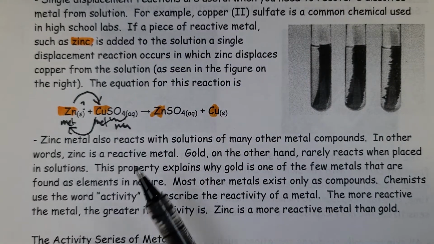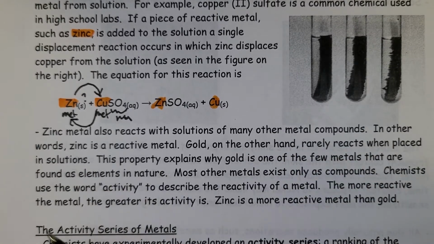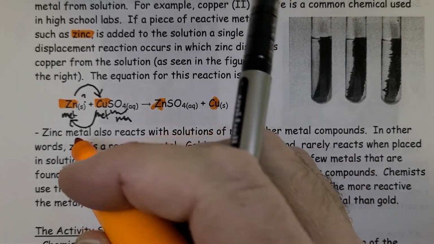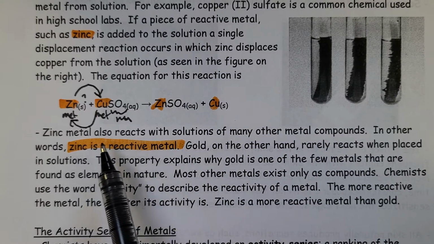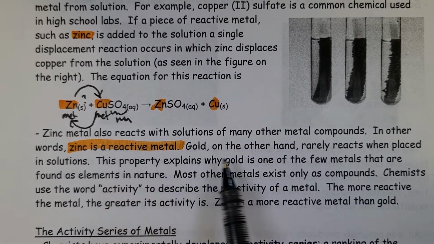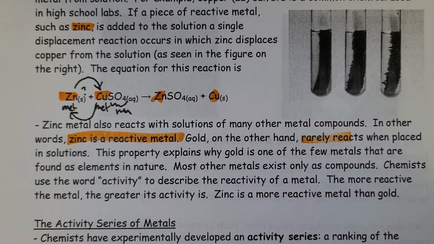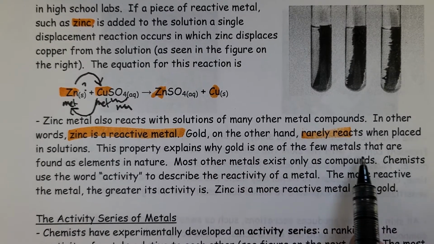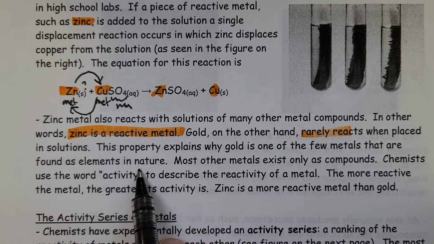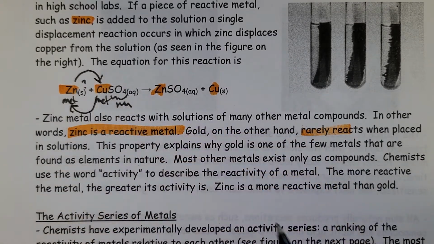Zinc metal also reacts with solutions of many other metal compounds. In other words, we say that zinc is very reactive. It can replace many types of ions in compounds. Gold, on the other hand, rarely reacts, so it's not very active. This property explains why gold is one of the few metals that are found in nature, because it simply can't replace a lot like zinc.